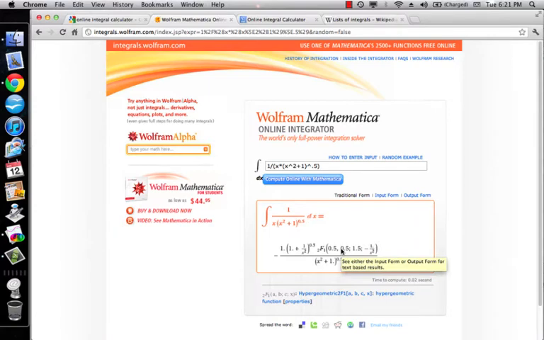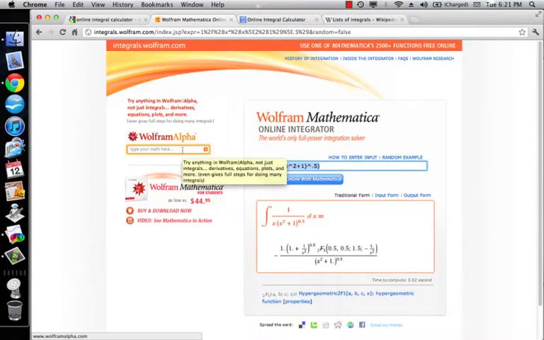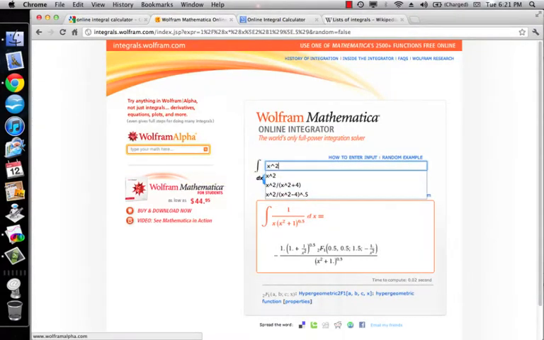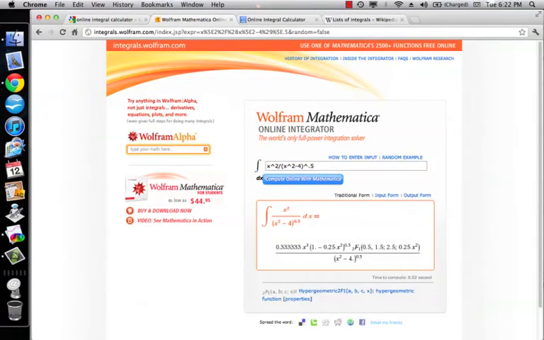One other that I want to do, while I've got it in front of me: x squared divided by the square root of x squared minus 4, to the 0.5. This one gives me, again, the hypergeometric function.